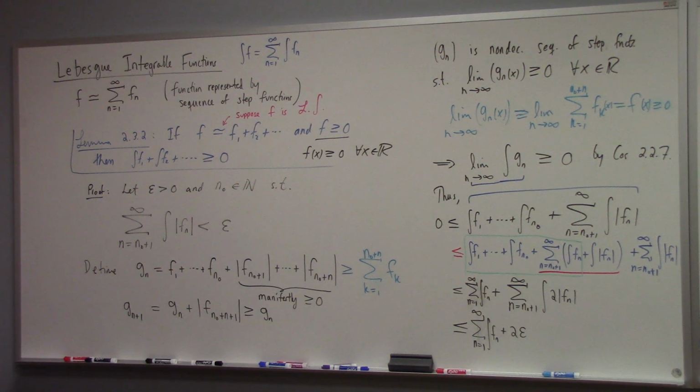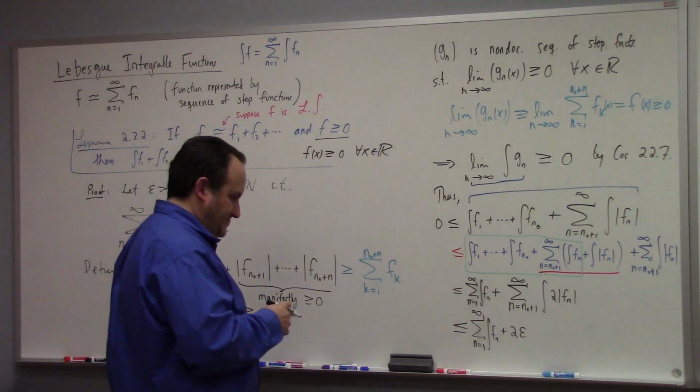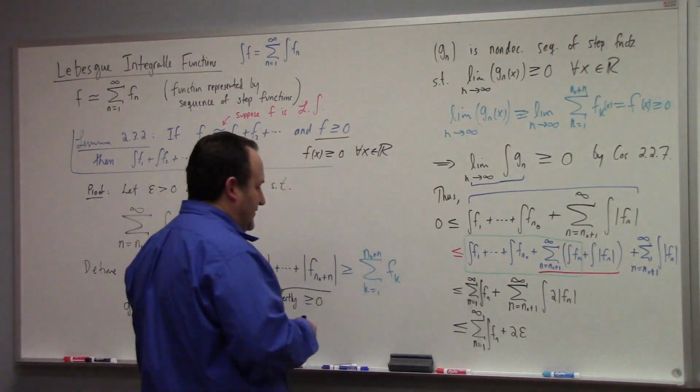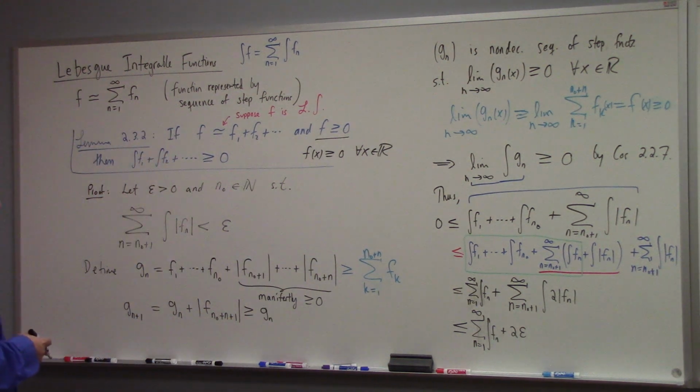So we have 0 is less than or equal to the sum of the integrals plus 2 epsilon. Epsilon remains arbitrary, so you can just take it down, and 0 is less than or equal to the sum. Right, so that does imply that the sum has to be positive.